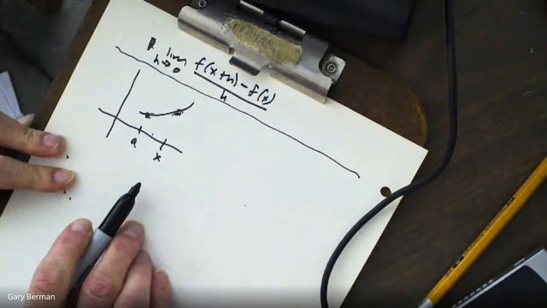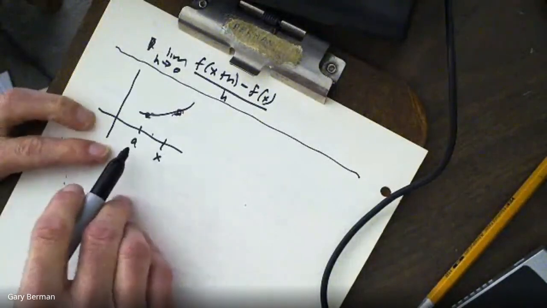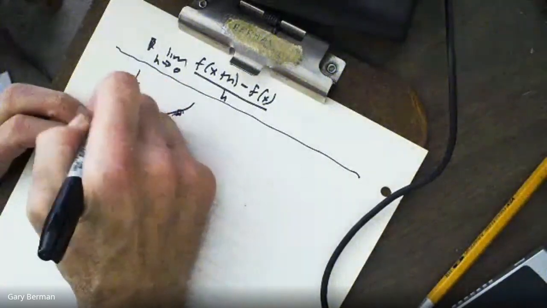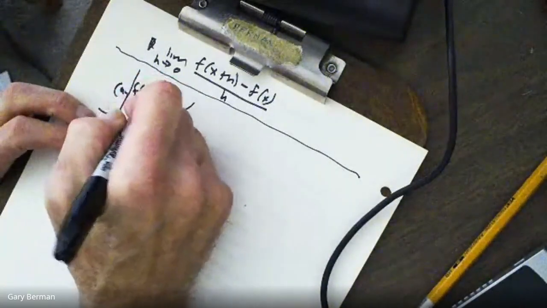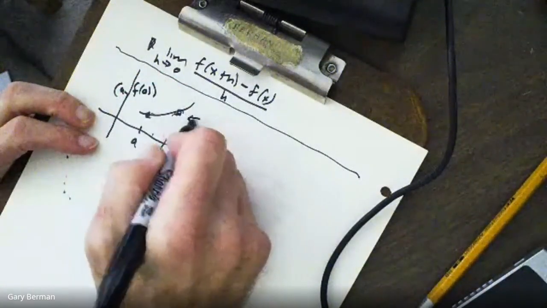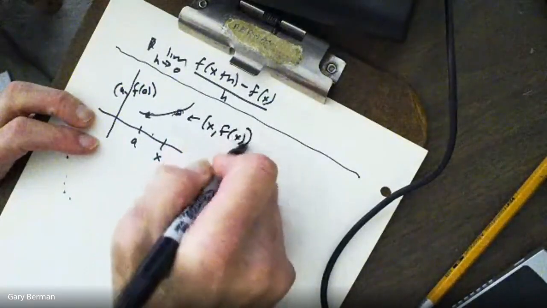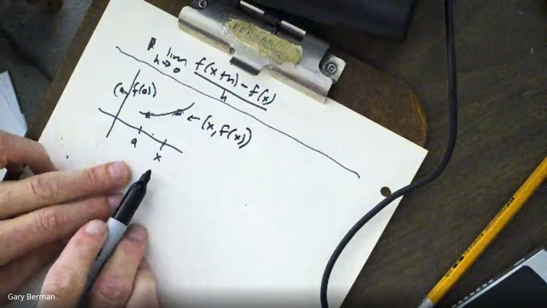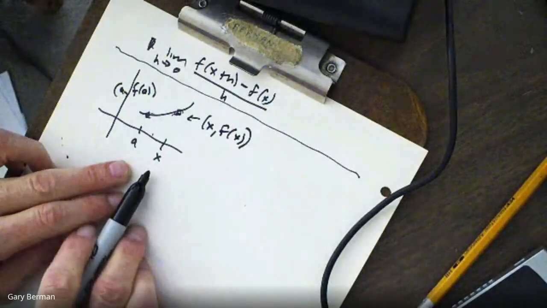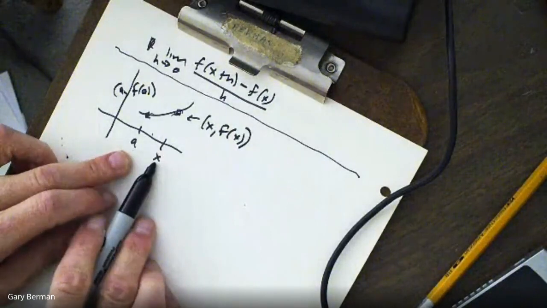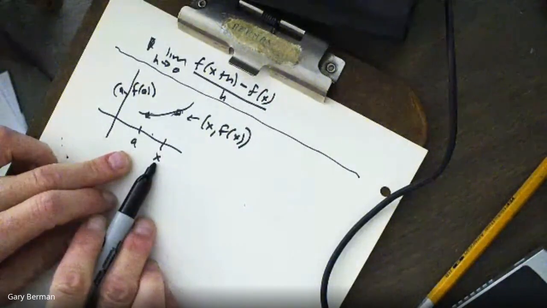The coordinates at this point are going to be a comma f of a. The coordinates of this point up here are going to be x comma f of x. In other words, we're not using an h here. We're just saying I go further up from a to any point x.